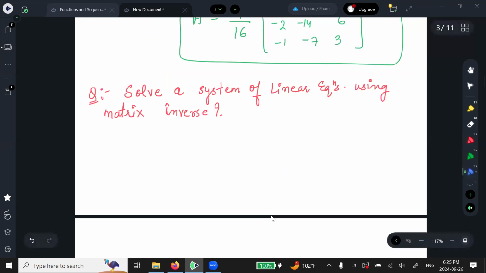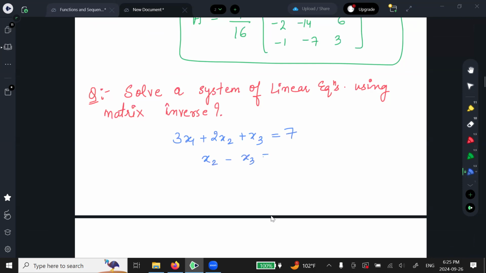So suppose I'm giving you a system like this. Let's just pick this one. I have 3x1 plus 2x2 plus x3 equals 7. Then x2 minus x3 equals 6. Then x1 plus 3x2 plus x3 equals 4.